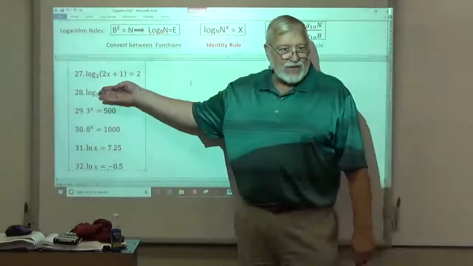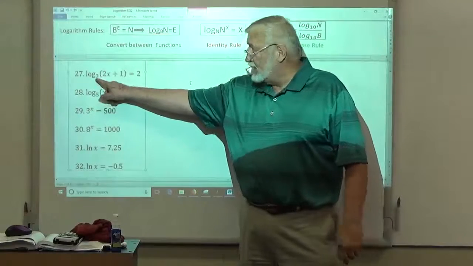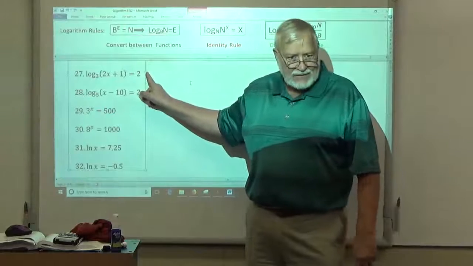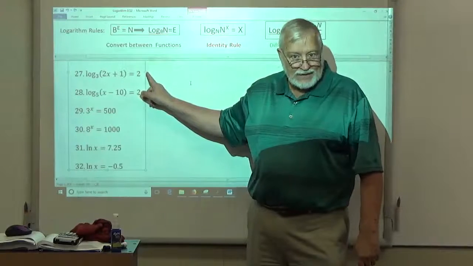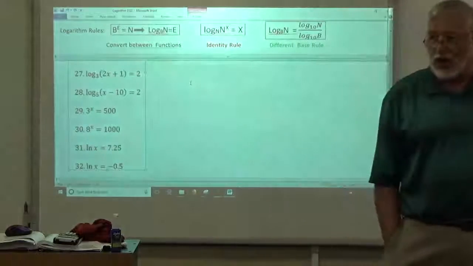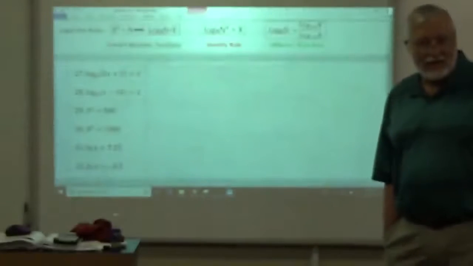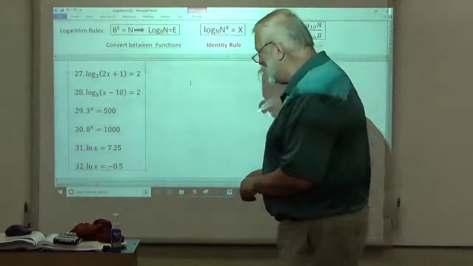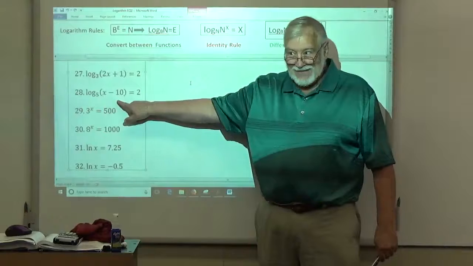Okay, so you have to convert this back into an exponent. So it's 3 to the second power. How much is that? 3 to the second? 9. So 9 equals 2x plus 1. Subtract the 1. Get 8. Divide by 2. 4. Oh. Okay, what happens here?